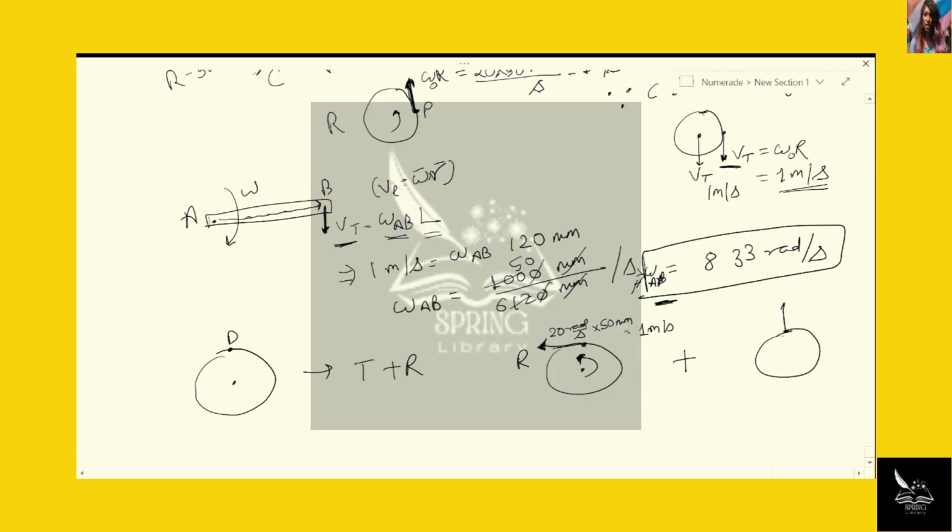So this was the rotational part, this is going to be the translational part. Sorry, it's pointing down, not up. We have figured that out. So it's pointing down. This is Vt equals 1 meter per second.